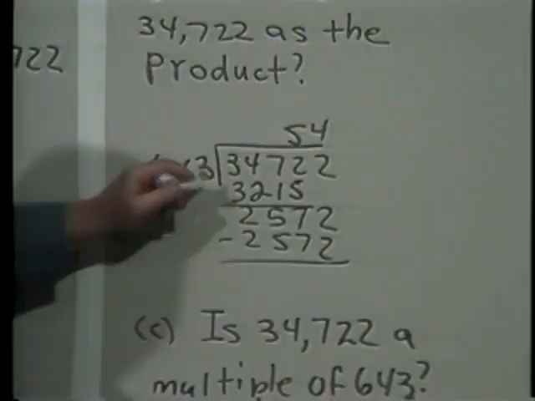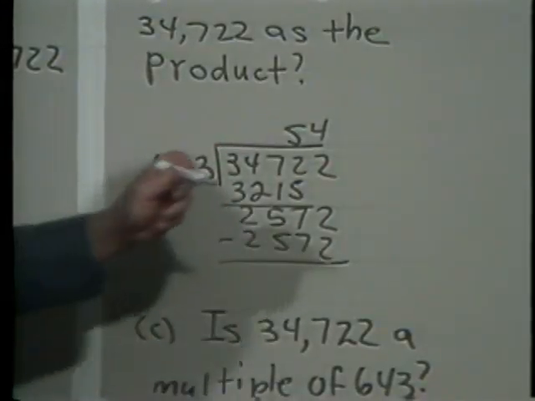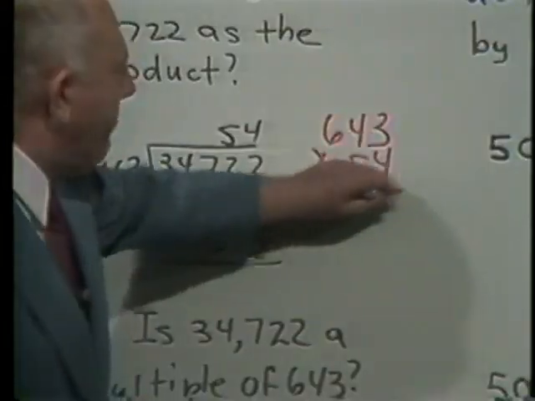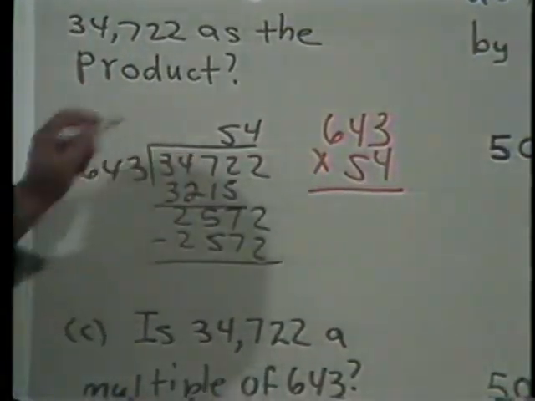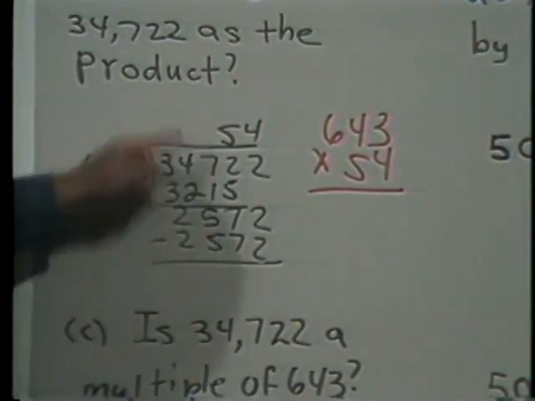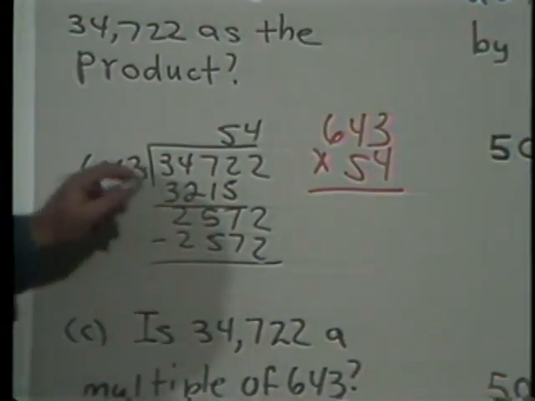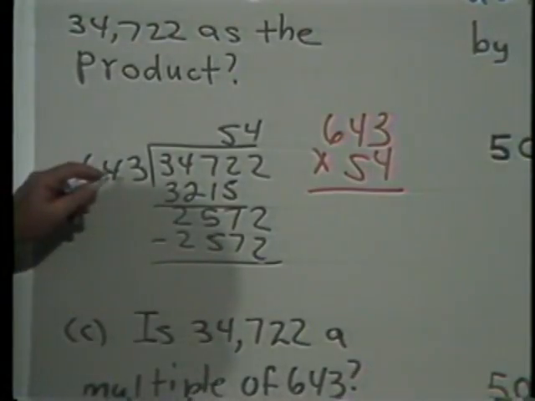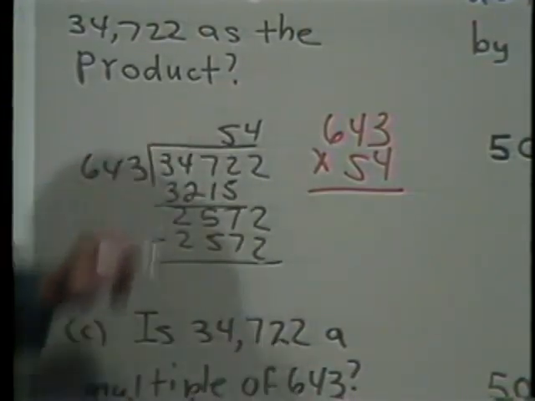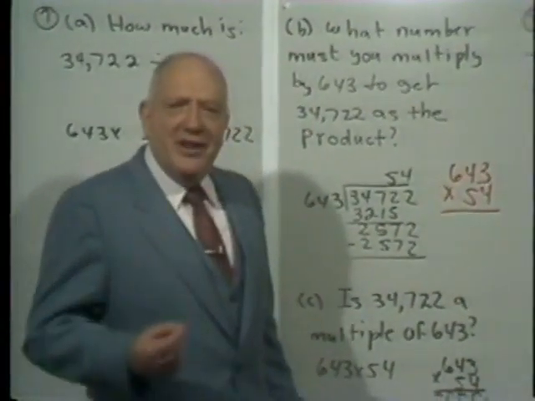What that means is, if you were to multiply 643 by 54, and I will leave the details to you, see what should happen here? If you multiply this out, what should you get for the answer? 34,722. We've already done this problem before. All right? And what we now know is that therefore the number you must multiply by 643 to get 34,722 is just 54.